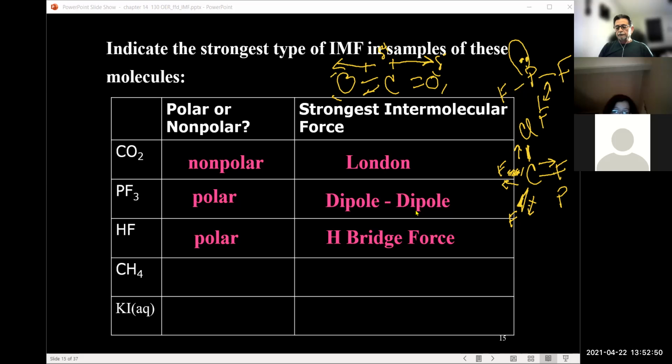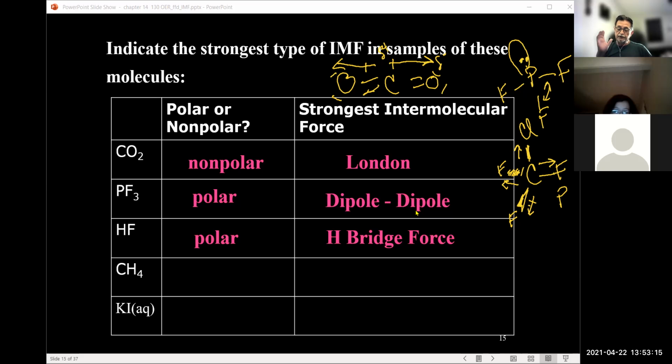All right, carbon, next one, CH4. That's the formula for methane, tetrahedral. But look at the molecule again. It's a hydrocarbon, nothing but carbon and hydrogen. Okay? That's it, carbon and hydrogen. So that means we have a non-polar species. Remember all the diatomics, right?